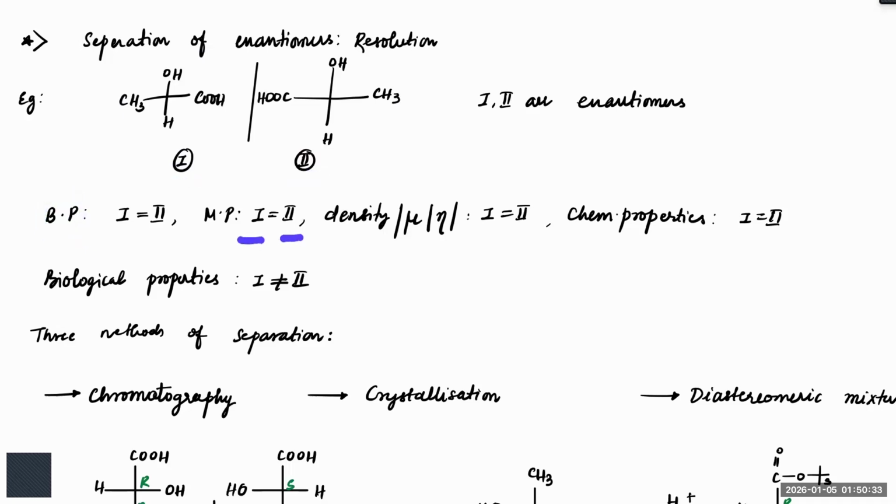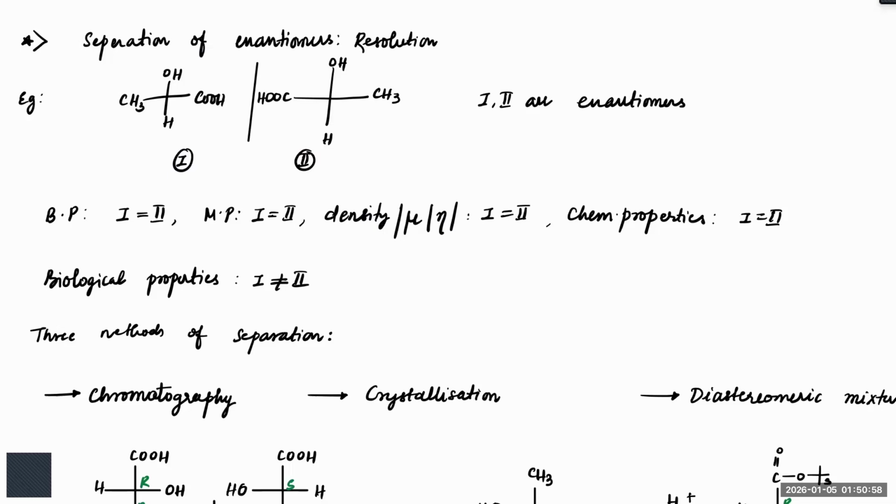Melting point of 1 and melting point of 2 will be same. Whether you compare density, viscosity, refractive index, every feature will be same. Chemical properties will also be same. The only difference you will notice is biological properties.